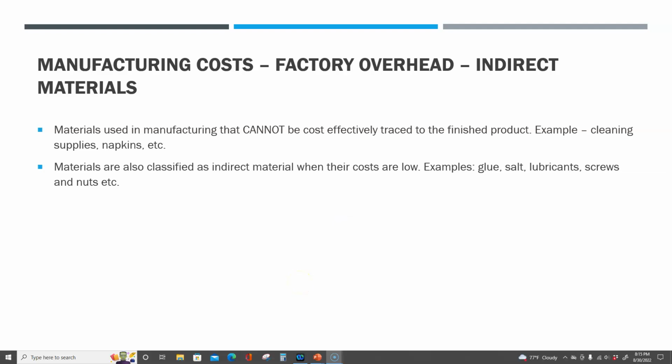The cost of these materials used in the product are so low, it doesn't make sense for the company to trace exactly how much glue or lubricants were used for the car. So they just treat the cost of glue and lubricants as indirect materials. Typically, you'll find things like glue, salt, lubricants, screws and nuts and bolts, those kind of things could be classified as indirect materials when they're used in small quantities or their costs are low.